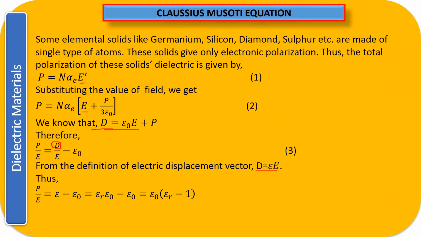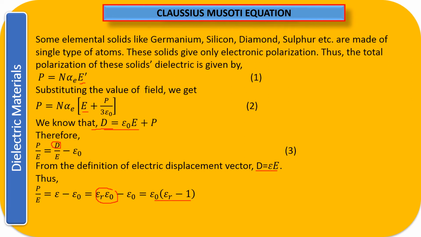Now epsilon can be given as epsilon naught into epsilon r, where epsilon r is your relative permittivity and epsilon naught is the permittivity of the air medium. So P upon E can be given as epsilon naught into epsilon r minus 1.